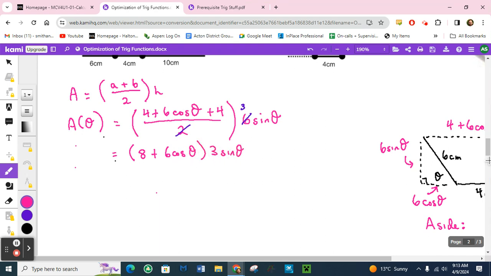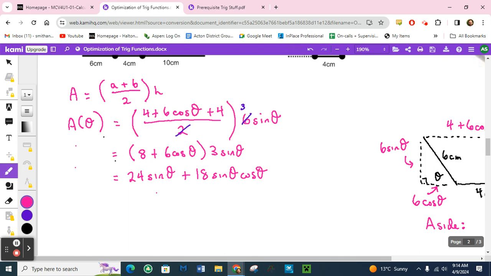That's an expression for our area, which is fine. But maybe before we take the derivative, we can just distribute the 3 sine theta in there. 24 times sine theta plus 18 times sine theta cosine theta. Look at us. We now have an expression for the area of our trapezoid, and it's just in terms of theta.